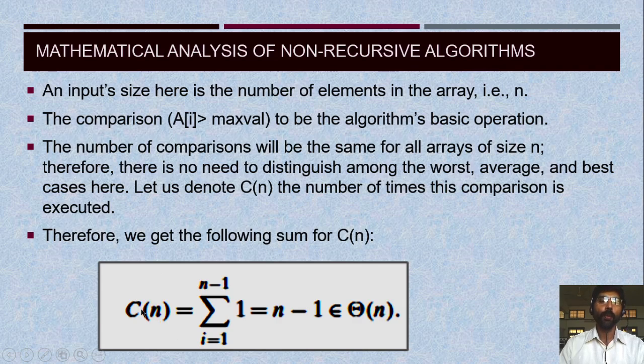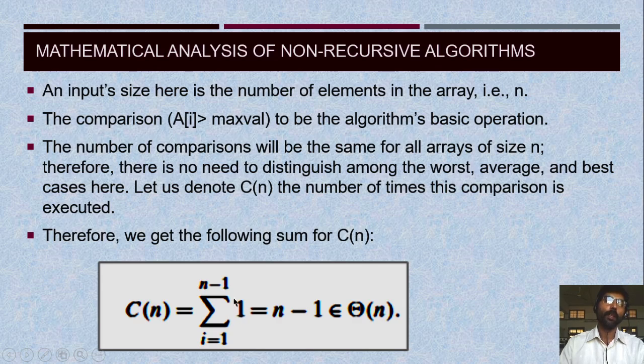That can be explained with this diagram here. C of n means the number of times this basic operation is run. It is calculated by this summation formula. I start from 1 to n minus 1, and I put 1 inside this summation, because this 1 indicates the execution of the basic operation.